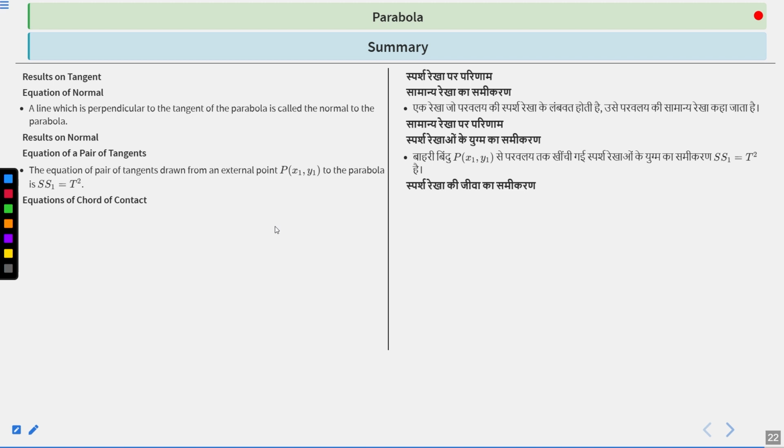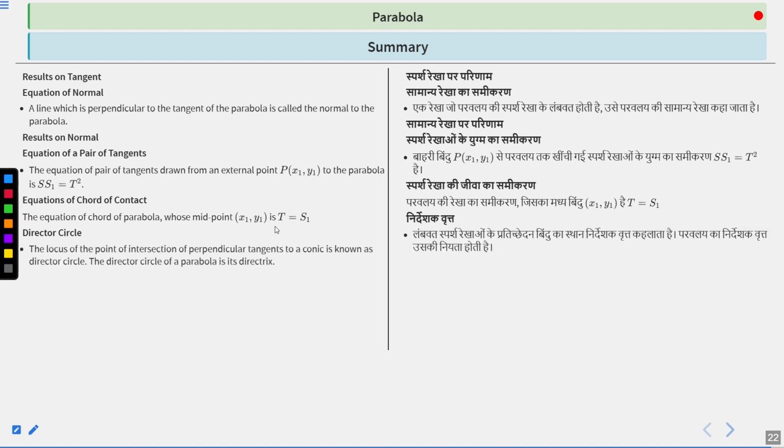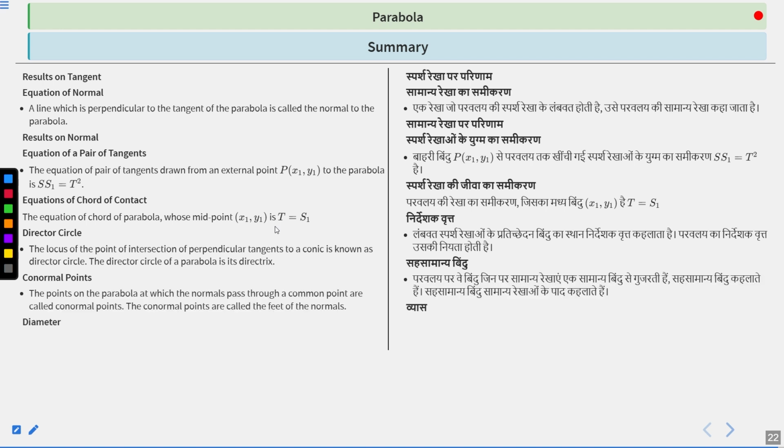After that, we have seen the equation of the chord of contact, which is T equal to 0. You have to keep this in mind. After that, we have seen the director circle, which is basically the directrix. After that, we have seen what conormal points are. Clear? And in the last, we have seen what the diameter of the parabola is.